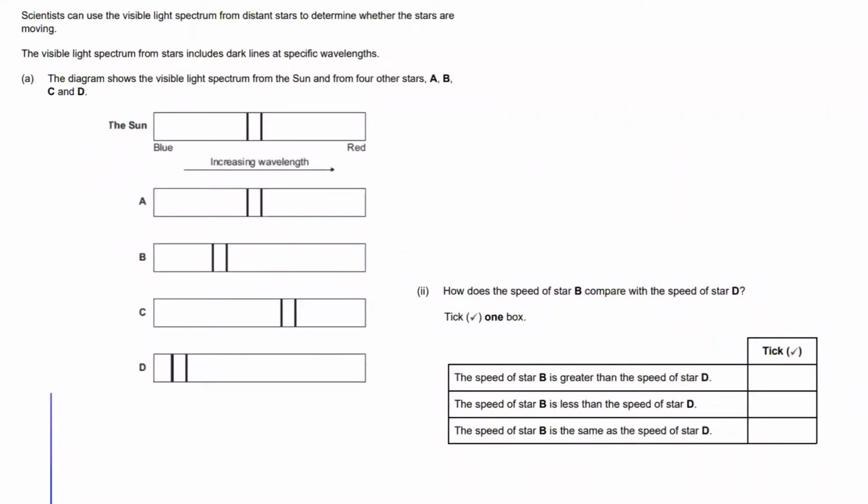Okay, so this is one that can catch people out. That's why I put it in, because as well as redshift, you can be asked about blueshift. So as we know, redshift is objects moving away, but blueshift can be local objects that are moving towards us. So again, have a close look at this diagram before answering.